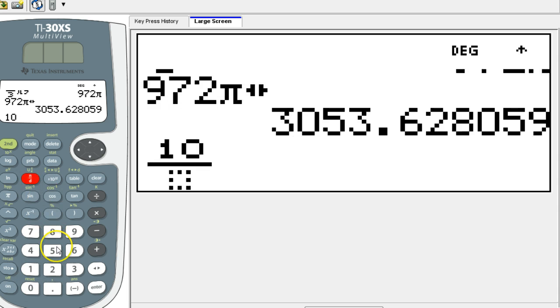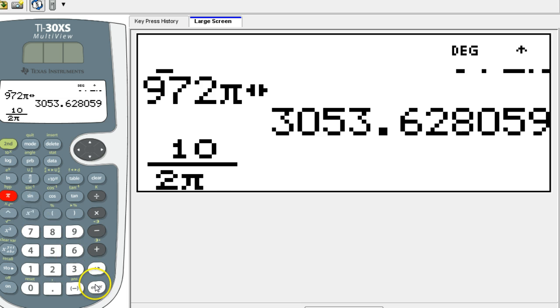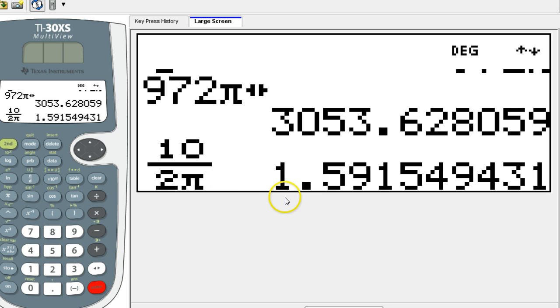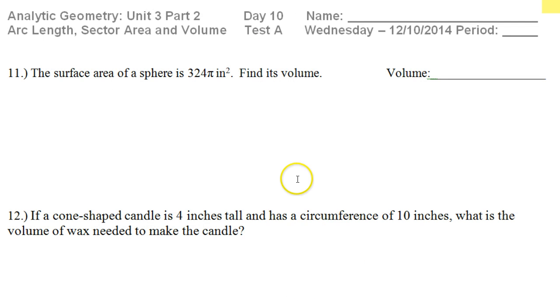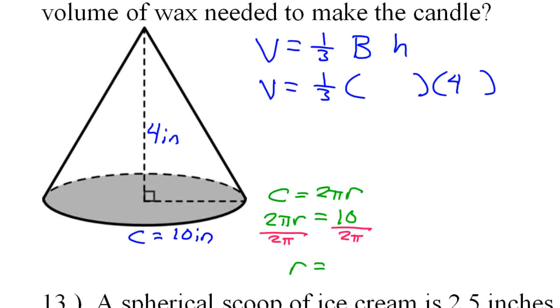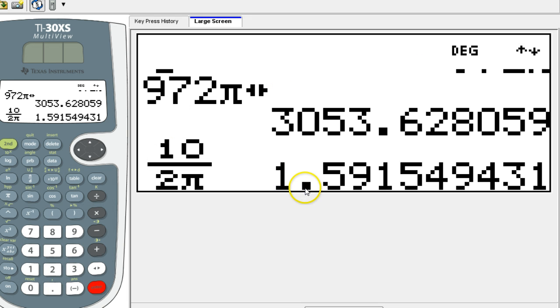That gives us 1.59. Now, I don't like to round too early, but I don't really have a choice right now. Well, I sort of have a choice. So here's your choice. You can either carry 4 decimal places. You can go ahead and write 1.5915.